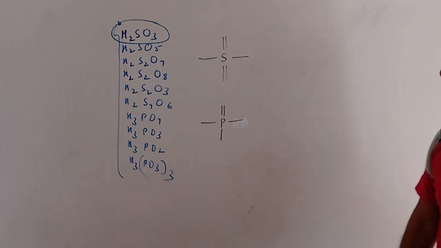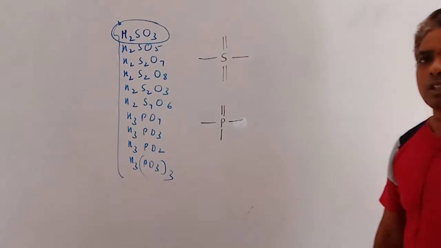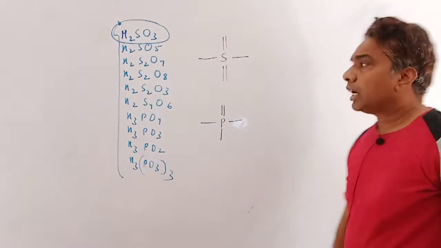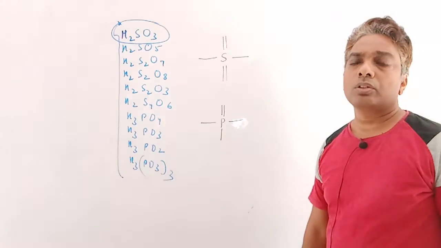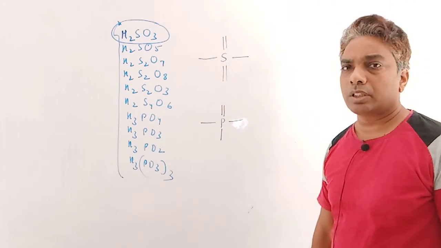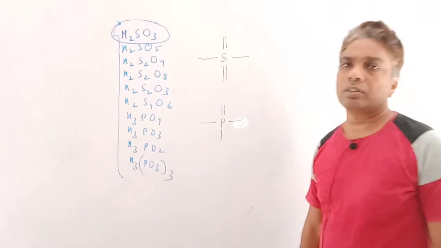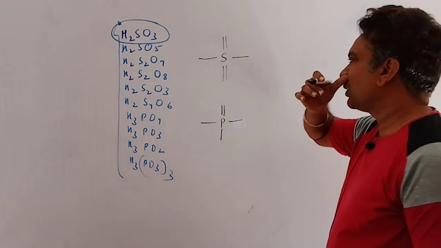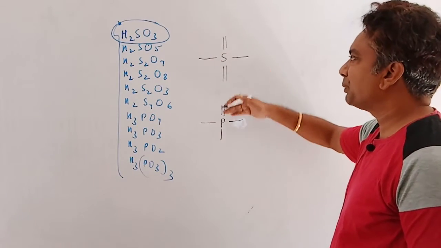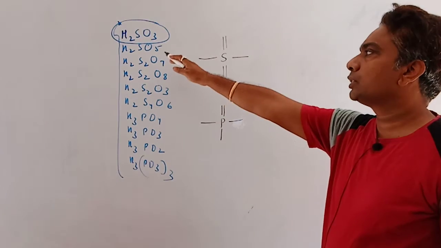So no lone pairs are present in case of sulfur as well as phosphorus, and we have 4 bond pairs excluding the pi bond. So the geometry with respect to the central atom is always tetrahedral. Clear?